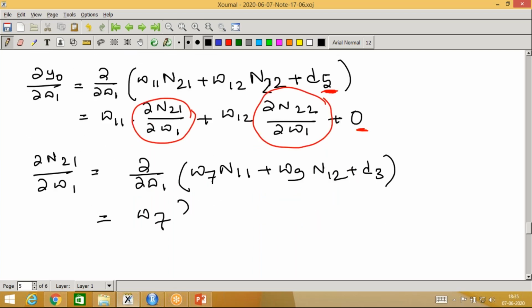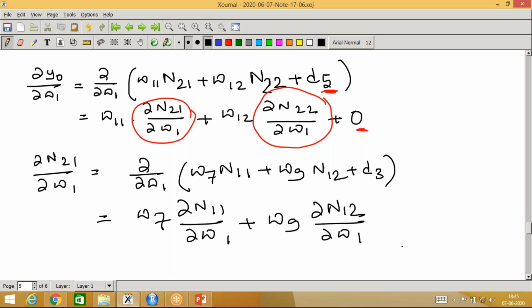So this same thing, W11 is the weightage, yes, that is independent of W1. All weights are independent of each other. So I can write this like this.